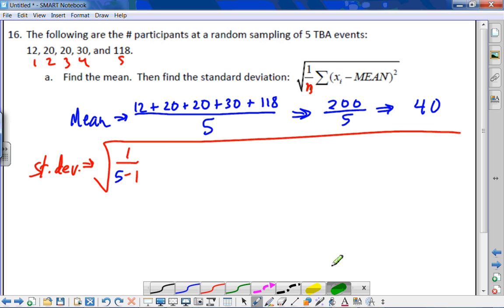And recall that this symbol means we're going to be adding this over and over and over again. So use a bracket, then x sub i means the first individual x value, which is 12, and we subtract the mean, which we've already determined as 40.